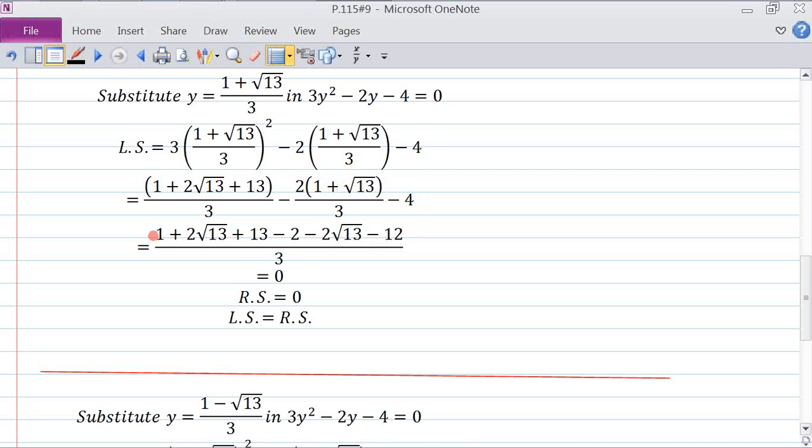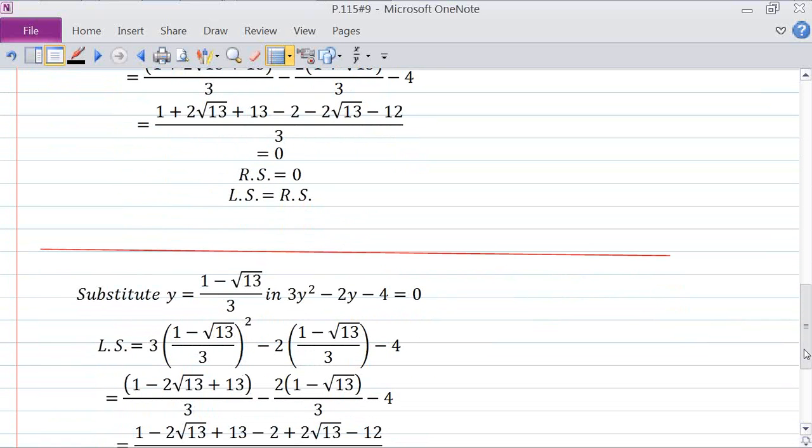So what happens is you have 1 plus 13 is 14, 14 minus 2 is 12, and 12 minus 12 is 0. Here we have plus 2 root 13, here we have minus 2 root 13, so that sums to 0. So everything sums to 0, and the right side of the equation is 0, so the left side equals the right side.